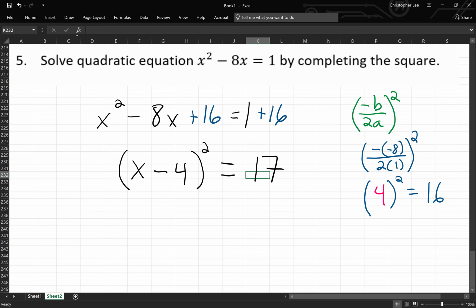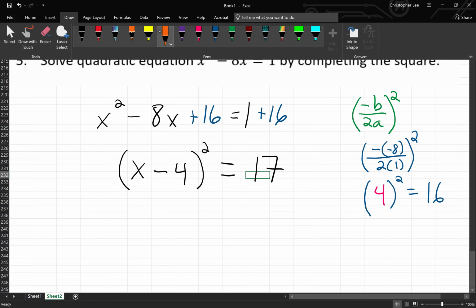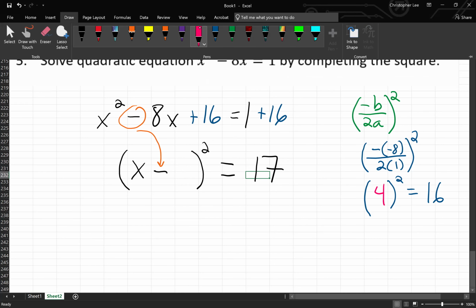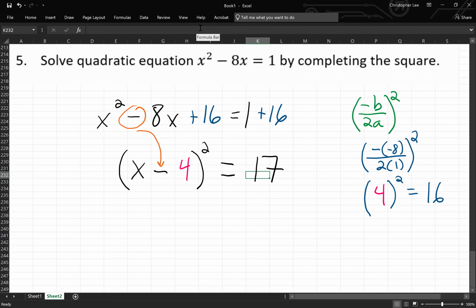How did you know it was a minus? Because the b term here is negative, I bring that down and make that negative. And how did I know that this would be a 4 right here? Very simply, because the number that I squared over here was 4. Just plug it in, pop, pop, and that's it.